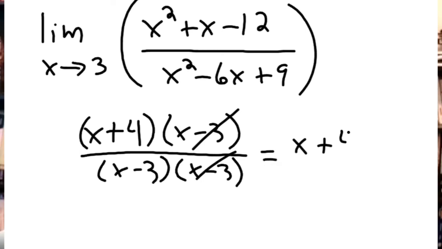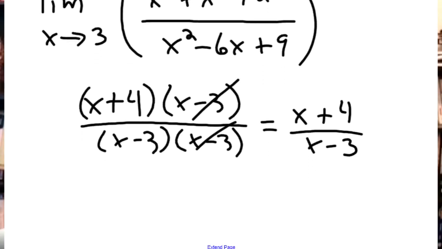So we get x plus 4 over x minus 3. The unfortunate circumstance, however, if I was to plug 3 into this new function now, x plus 4 over x minus 3, I get 7 over 0. So I got that k over 0 issue. So that means this guy is going to end up being a DNE.